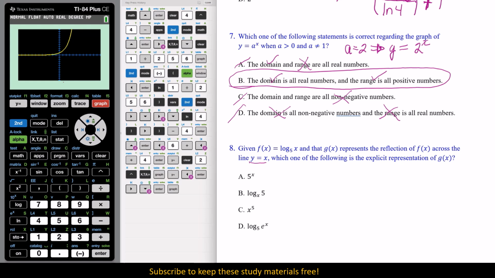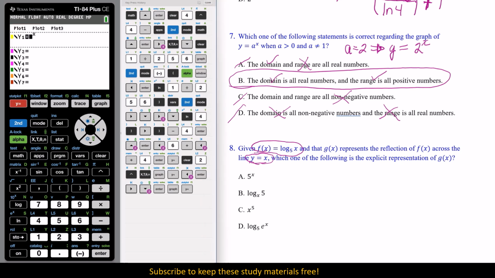Okay, here is a rule that I haven't introduced and you may or may not know. Y equals x is your identity line, okay? So let's put f of x into the calculator and let's put in our identity. And then I will discuss the rule with you.